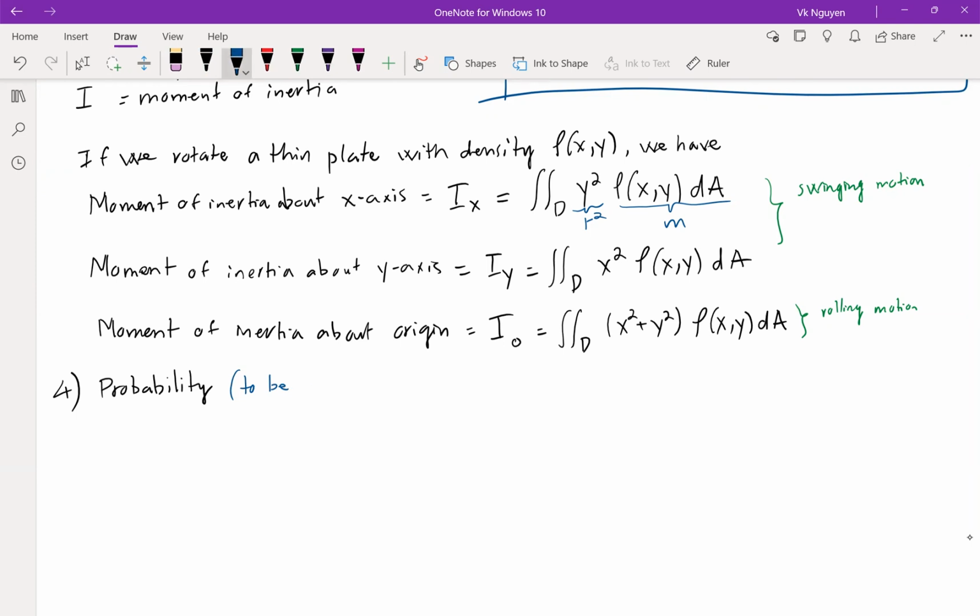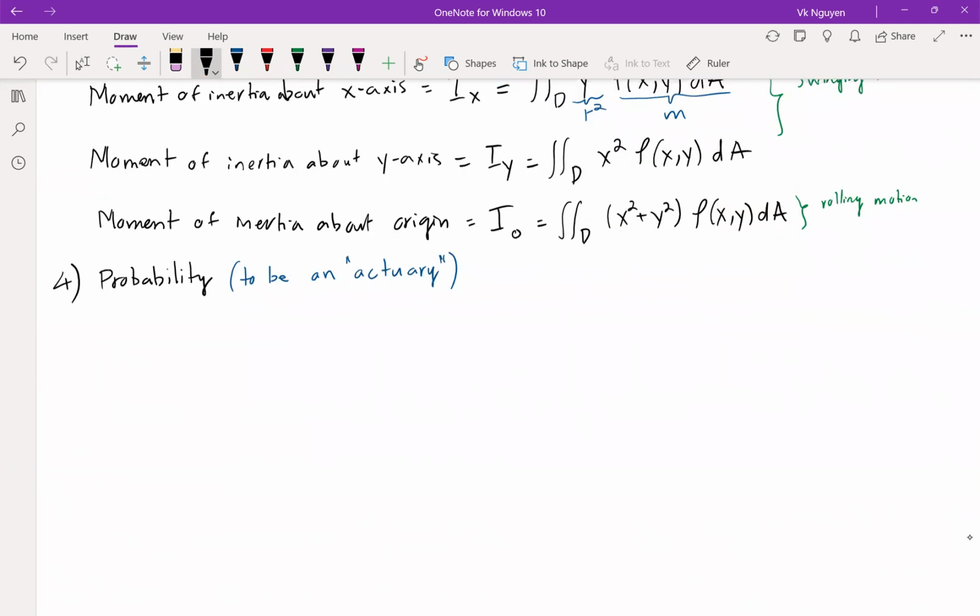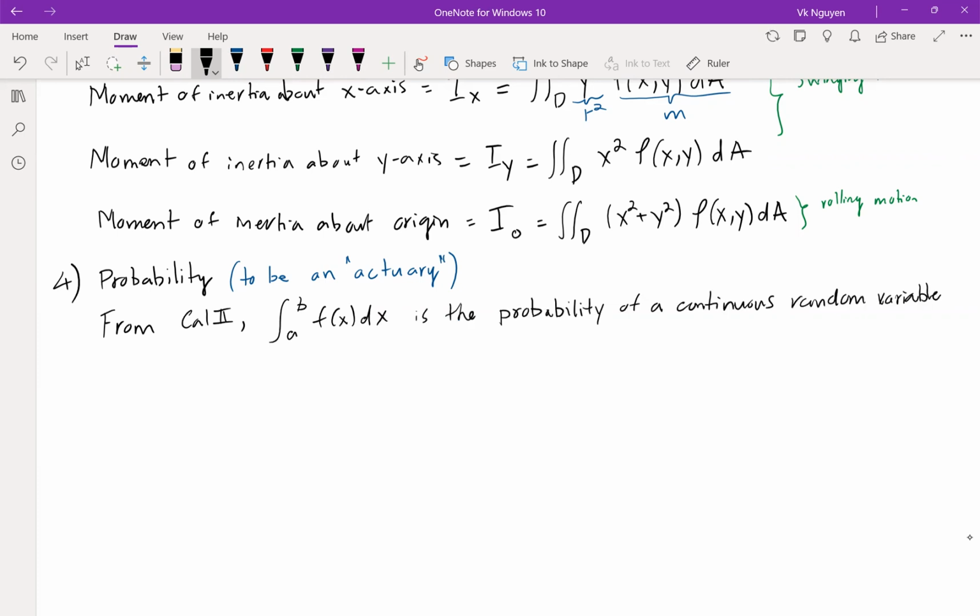From calculus 2, we know that the integral from a to b of fx dx is the probability of a continuous random variable having density function fx.